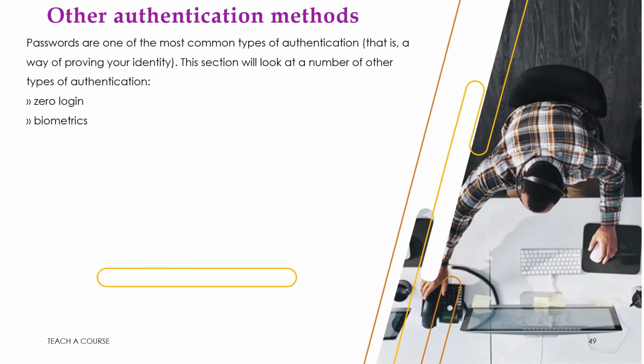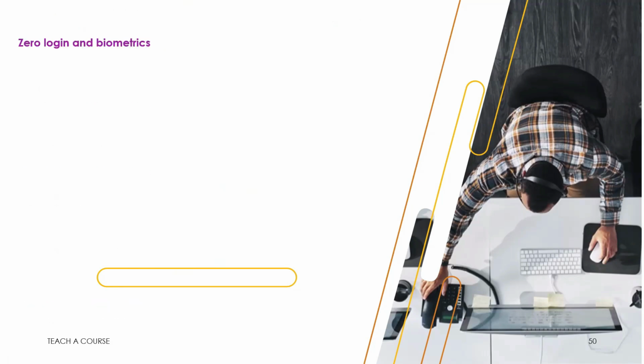And biometrics, magnetic stripes, or they're called magnetic strips. I hope I'm pronouncing that correctly. Then smart cards and physical tokens. Then lastly, electronic tokens. So let's see what zero login and biometrics are.